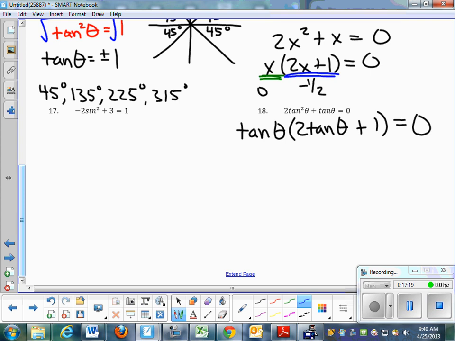That is the process that we use, right? So let's use that same process here. Tangent of theta equals 0. That is my first equation I need to solve. Then I take 2 tangent of theta plus 1, set it equal to 0, and solve.